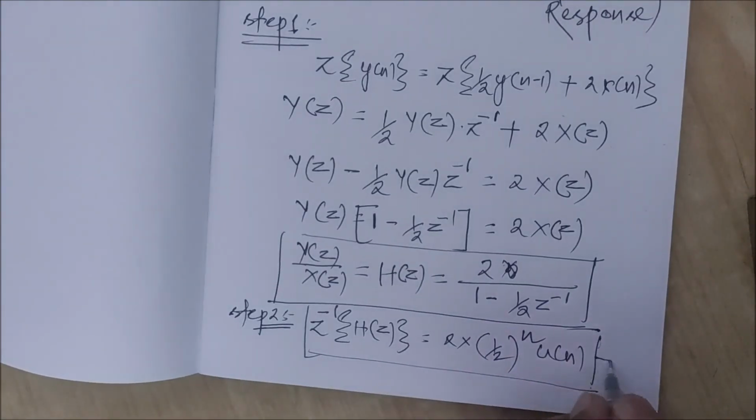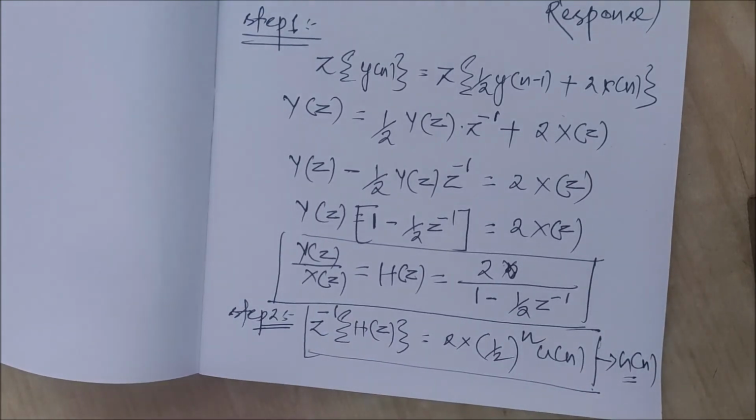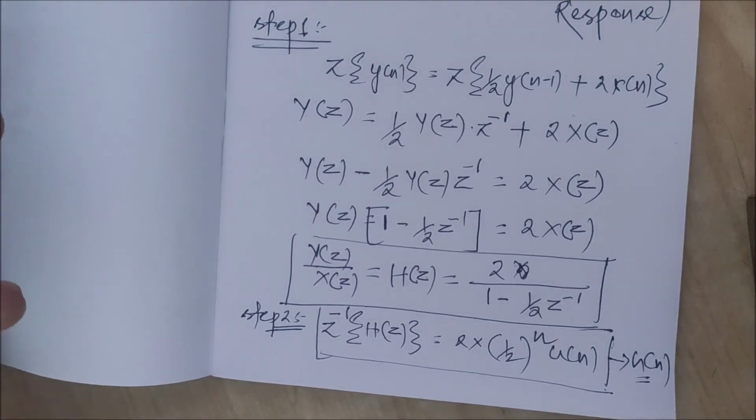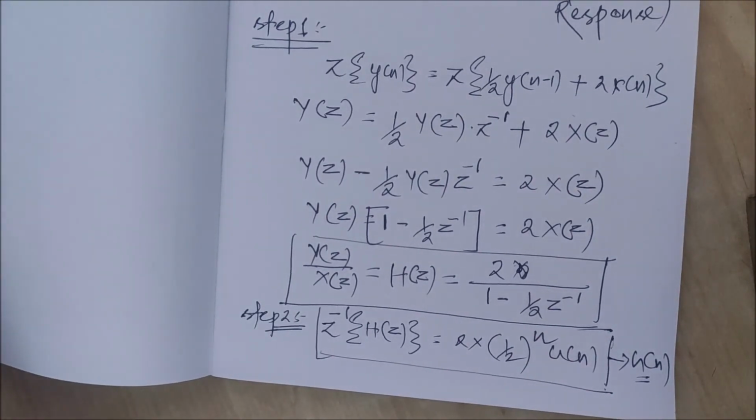And this result is my h of n, or unit sample response. So in this way we can determine the system function as well as the unit sample response of any kind of difference equation. Thank you.